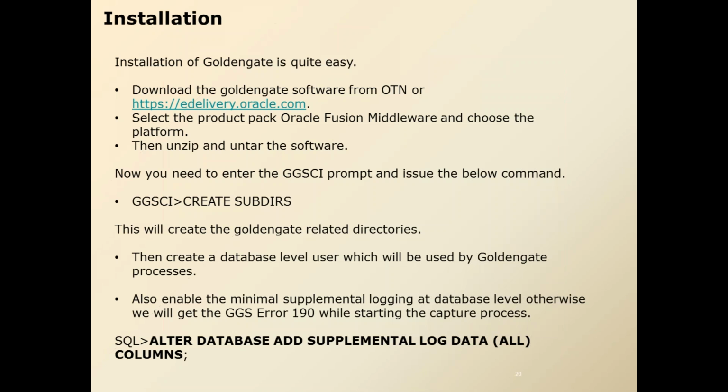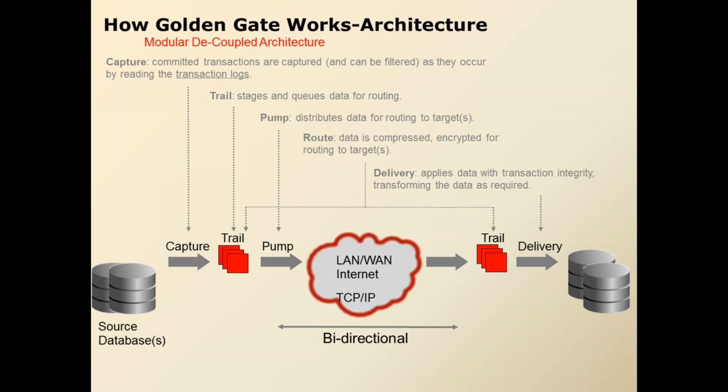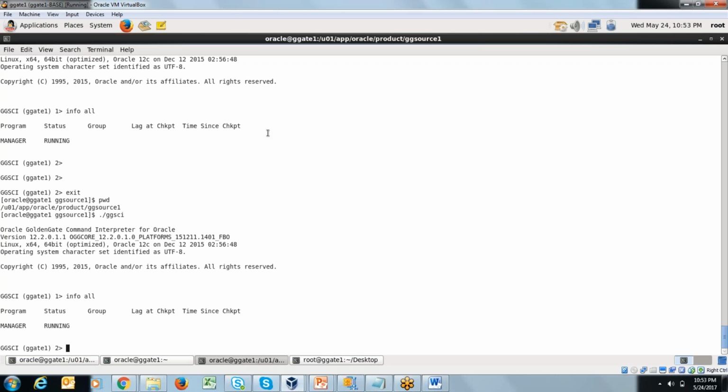For configuration purposes, we are just going to follow the architecture. Prior to that, we first need to do some prerequisites. First of all, you need to identify your source and target. Once the installation is completed, you need to identify from where to where you need to do the Goldengate configuration.